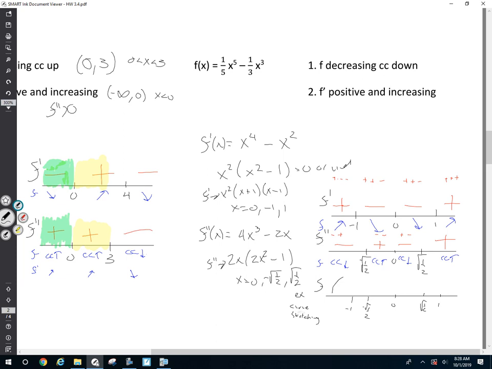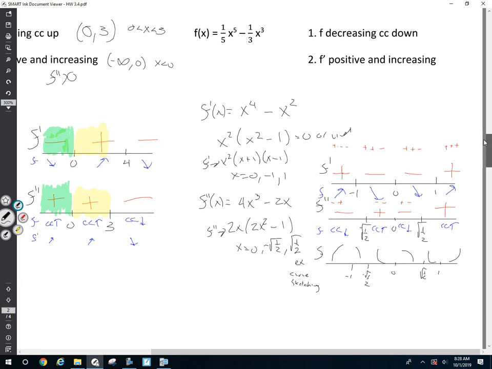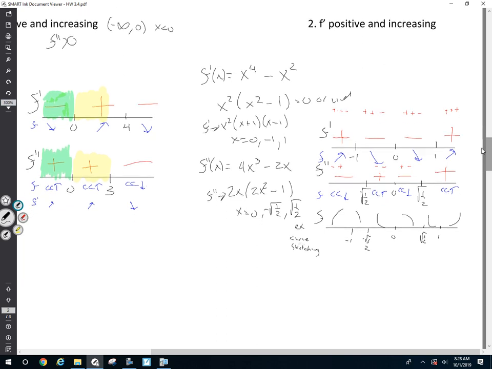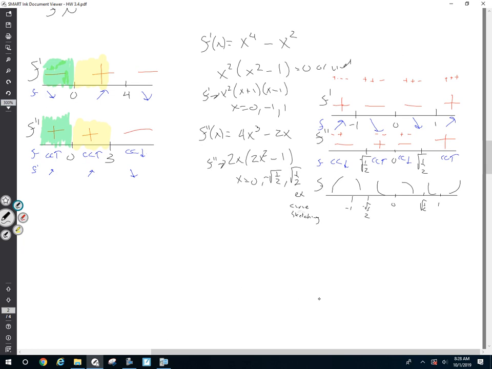Increasing concave down, decreasing concave down, decreasing concave up, decreasing concave down, decreasing concave up, increasing concave up. So being able to do this sign analysis shows me that my graph is going to look like this.